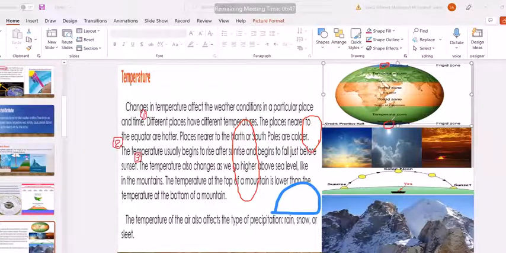Near the equator it's hot, and near the North Pole and South Pole it's cold. So the places near the poles are cooler than the places near the equator.